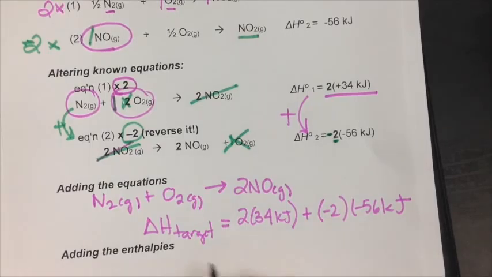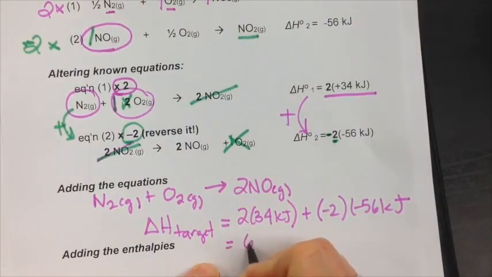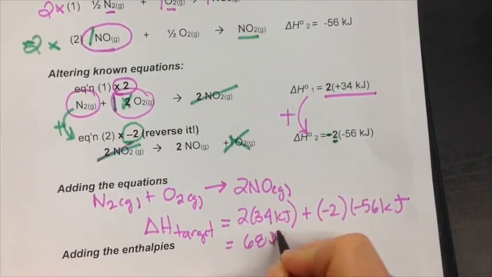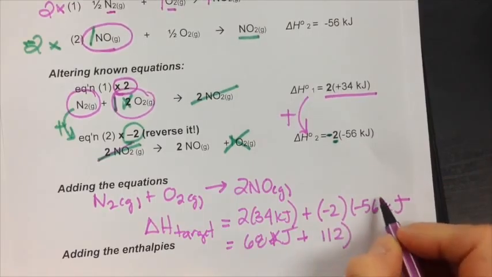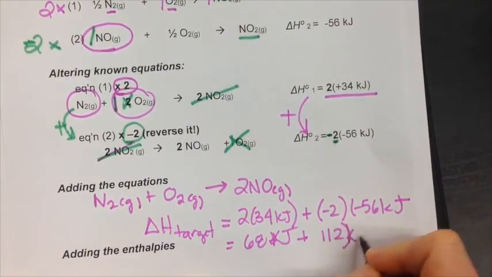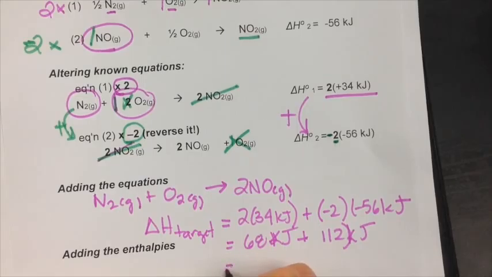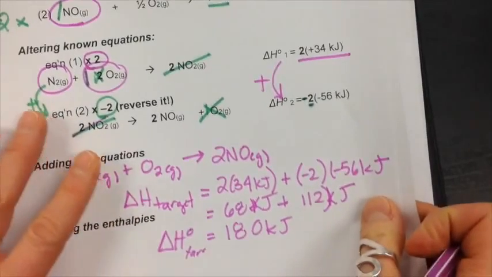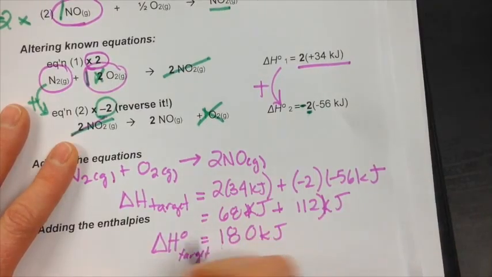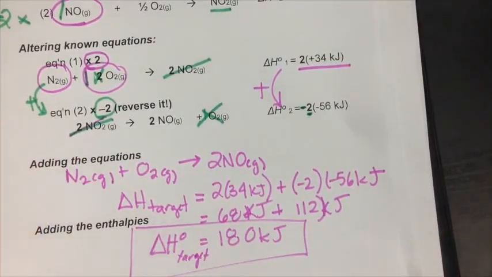And if we do that, we are adding in 68 kilojoules plus 112 kilojoules, for a total of 180 kilojoules. That is my target enthalpy. And we use the subscript, sorry, you can't see it, target, to show our final answer. So the summation of that, again, this is what we call Hess's law.